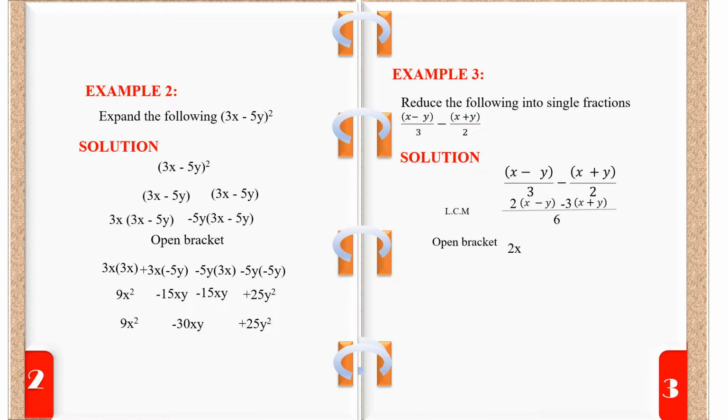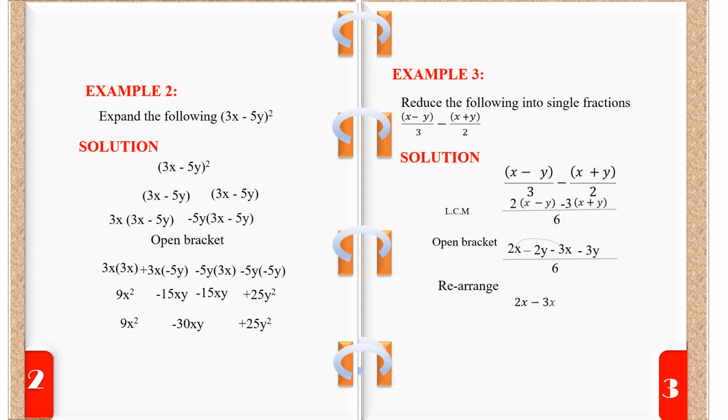Now, we open the bracket. That is 2 we multiply with x. Then 2 we also multiply with minus y. Then minus 3 will be multiplied with x. Then minus 3 will also be multiplied with plus y. Then divided by 6. Then what are you going to do? You are going to rearrange. That is 2x and minus 3x will come together.